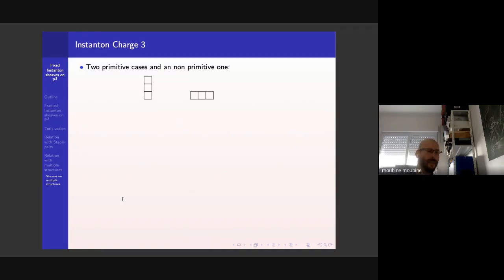And in the case of charge 3, we have 2 primitive cases given by these 2 Young diagrams, and then we have a non-primitive case.